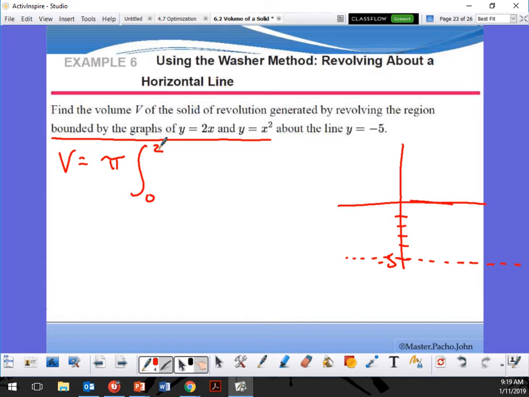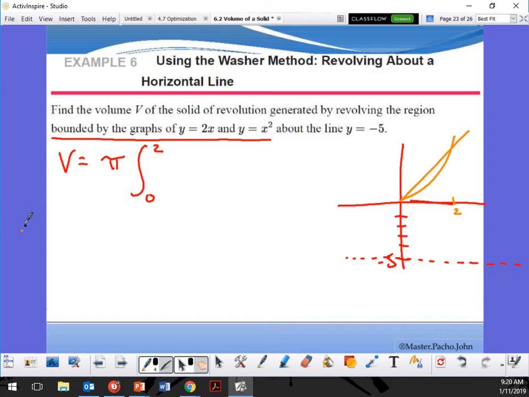So now I am rotating it, so it's going to look like this. Let me change colors. Again, I have this and this. Since it's rotating around the line, it's parallel to the x-axis. I have to figure out which one's going to be on top now. That's reversed from last time.